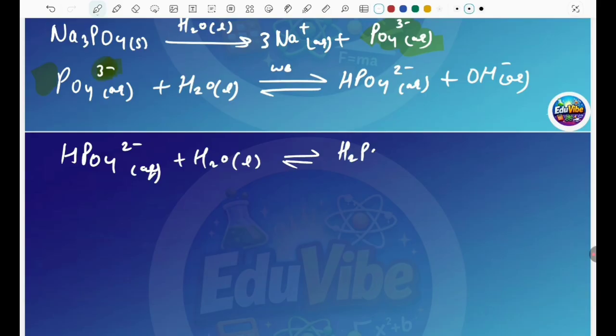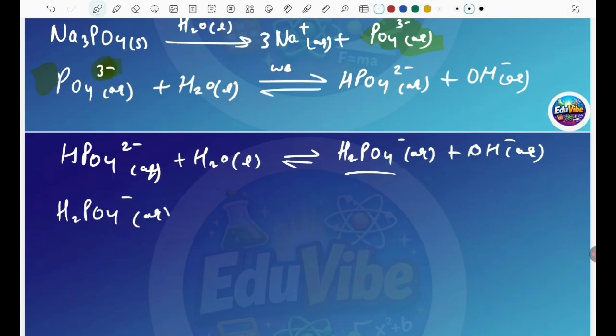Now you get the second H. Now you're left with one negative, plus OH negative aqueous. Now take this and again react it with water.